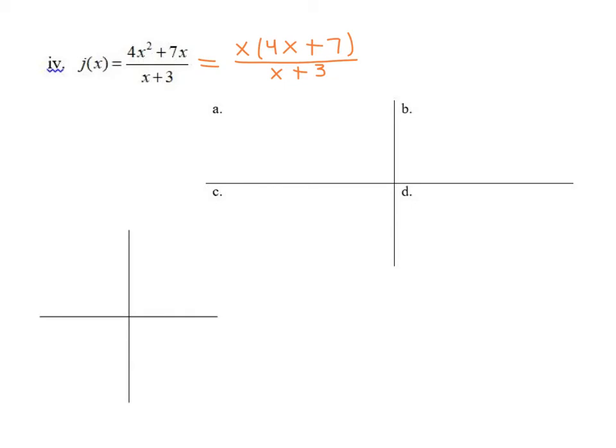Where you're going to find things to be interesting is when you check the long run behavior. Okay, you can see we have a square on top and the x on the bottom. So there may not be any horizontal asymptotes, but there might be still an asymptote. All right, so why don't you go do your analysis and see what you come up with, and then you can check. So pause the video right now.